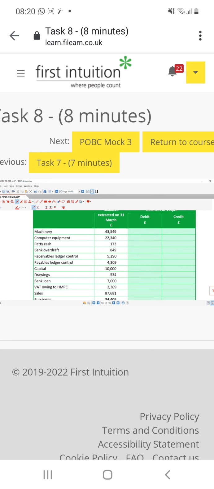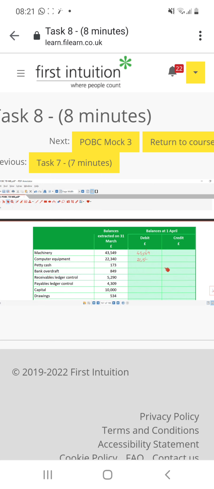So all we have to do here for a lot of these, like machinery, which is an asset, is just show that this will be 43,549, as it's an asset, would be a debit balance. And the computer equipment, the exact same. No adjustments or anything being affected here.